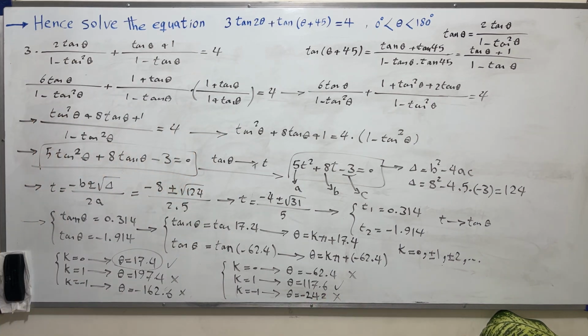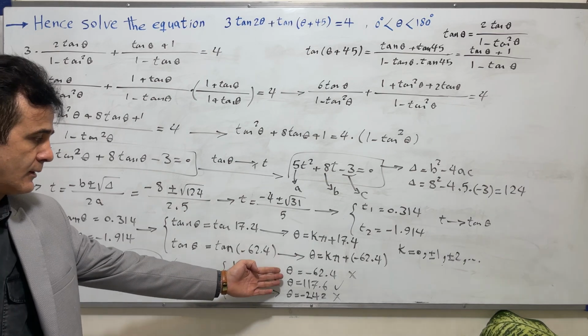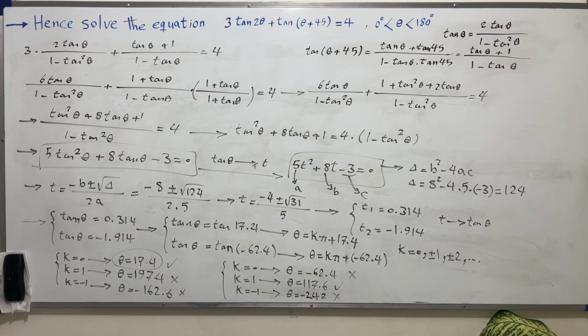And for k equal 2, minus 2, 3, minus 3, and other integer numbers, the value of θ for these answers is not valid because it doesn't fall within the range.